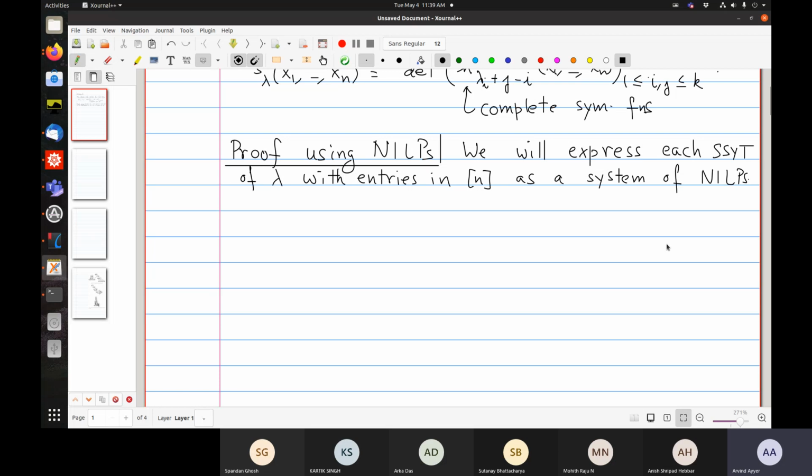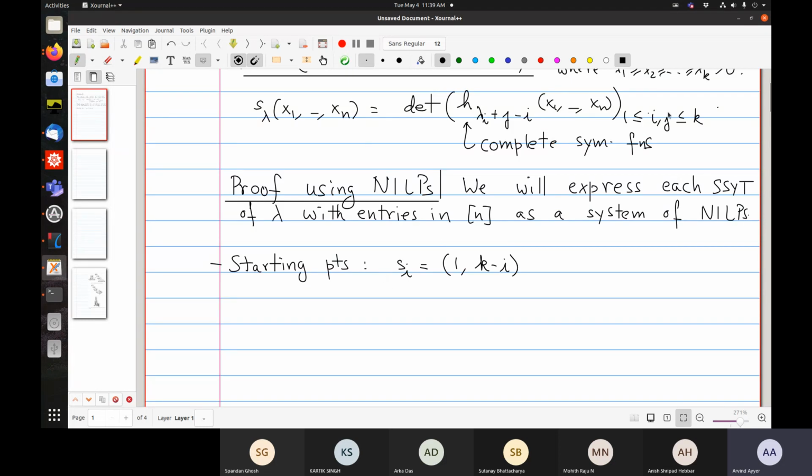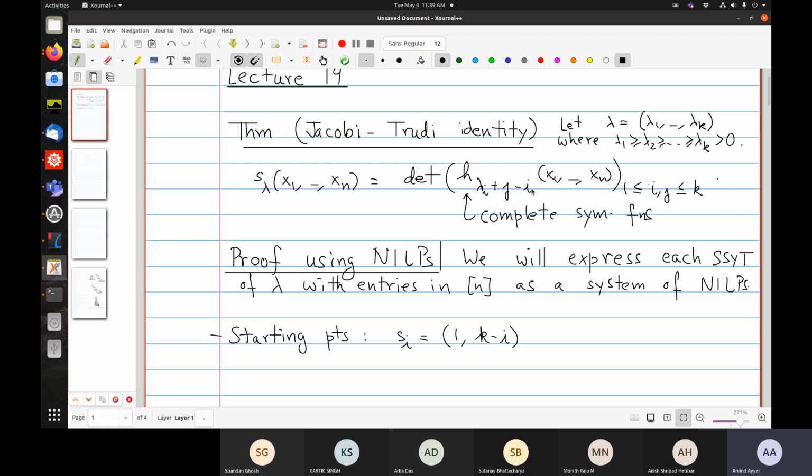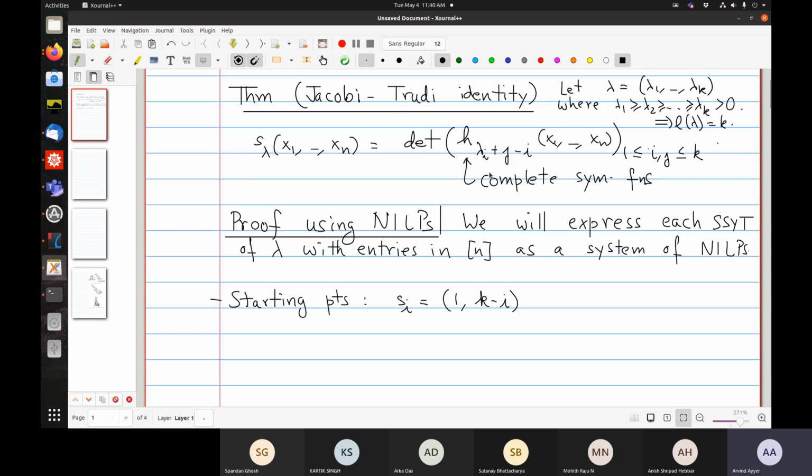Let me first describe the family of paths, and then I'll give you an example of it. Starting points: S_i is (1, k minus i). Remember, we have two parameters: k, which is the length of the partition, and n, which is the number of variables.